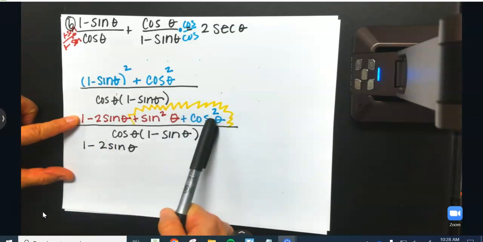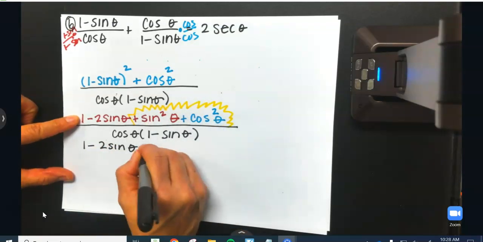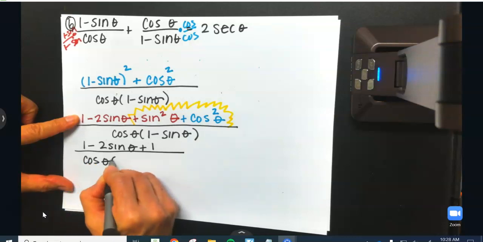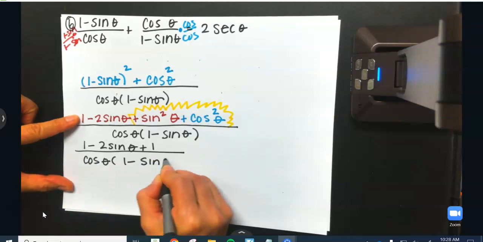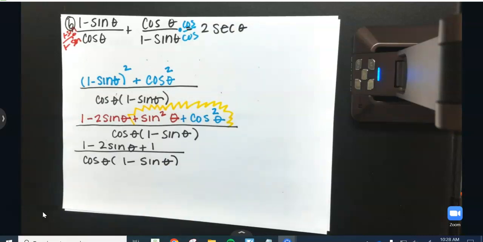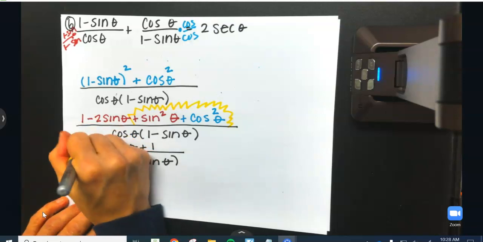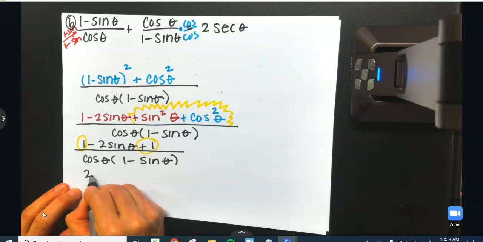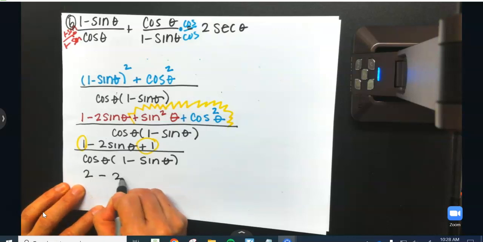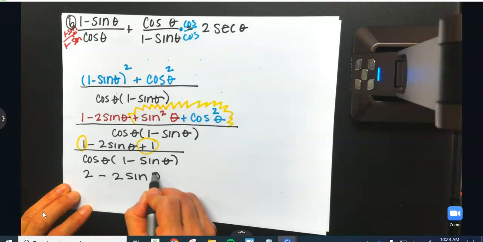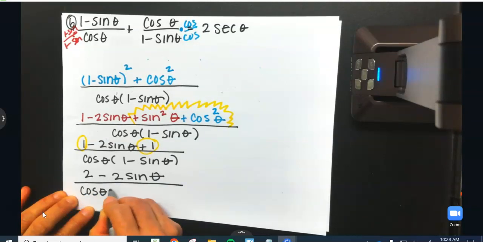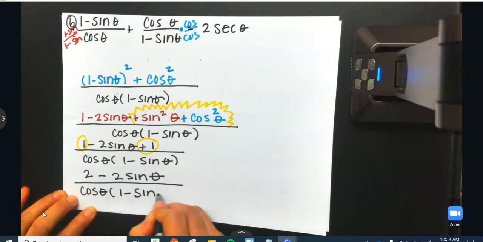Remember, that's a whole number 1, a positive 1, so write plus 1. I'm going to recopy the denominator. I still got like terms I need to combine in the top. 1 plus 1 is 2. All right, so 2 minus 2 sine theta over cosine theta times 1 minus sine theta.